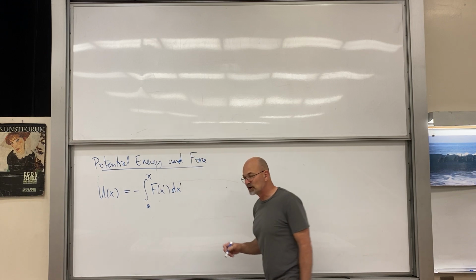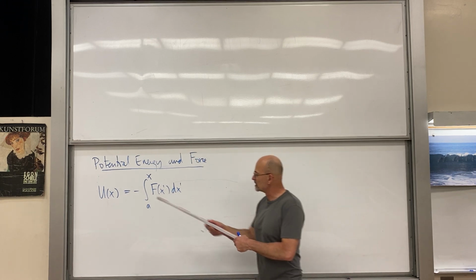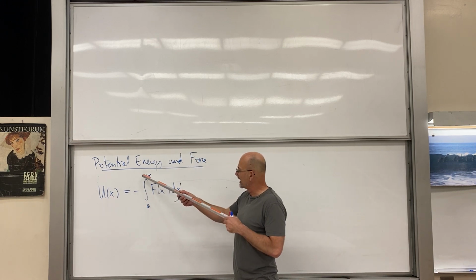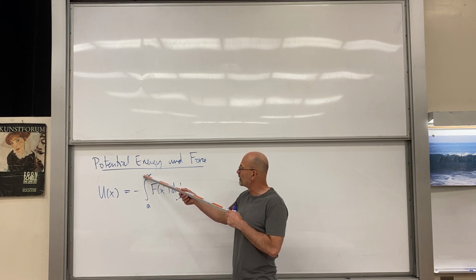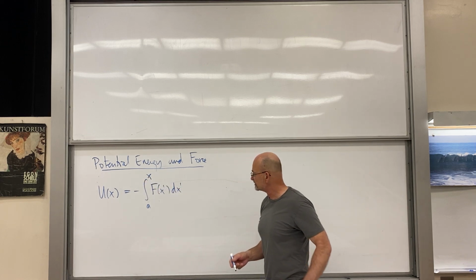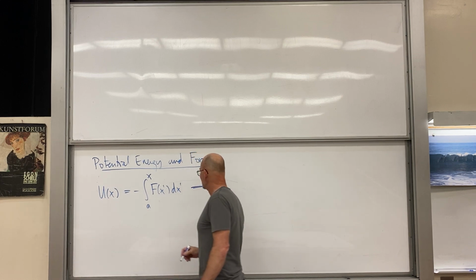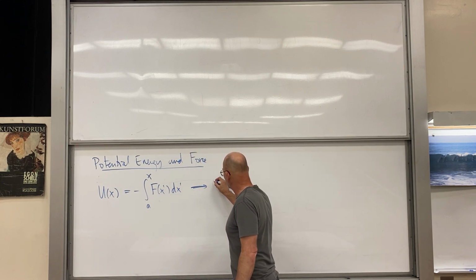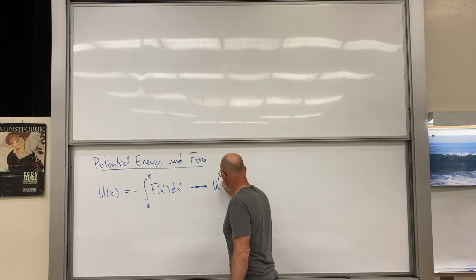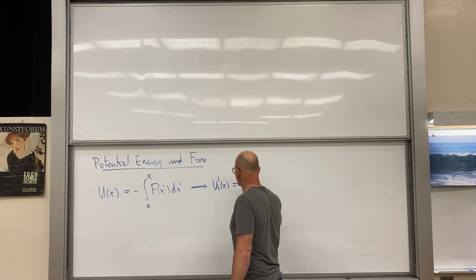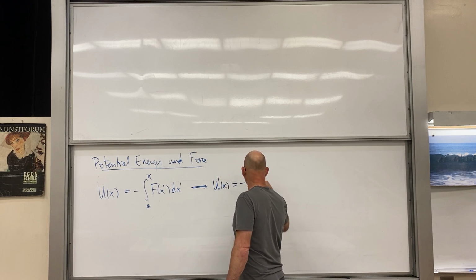So x prime is just an integration variable. This function of x has its argument up there. So that's how we introduced it. And then we say, okay, du dx, or u prime of x, is equal to minus f of x.